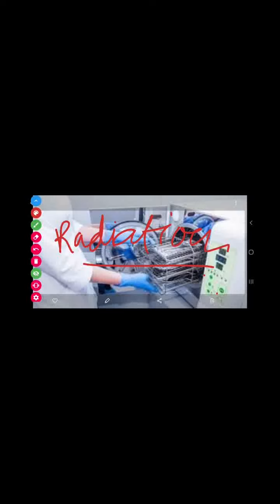UV sources are used in biological safety cabinets for partial contamination control and should be turned on only when cabinets and enclosures are not in use. This form of control is extremely limited due to its poor penetration power, susceptibility to air movement, and requirement for long contact time periods, and has not been documented as an effective control method.